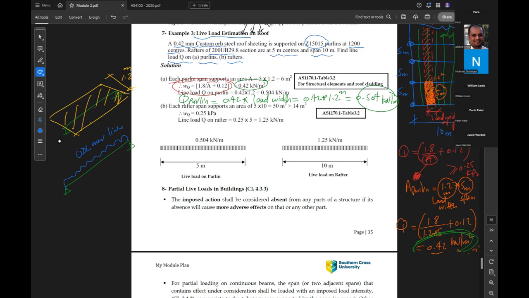We need to multiply the UDL times the load width. So the UDL was 0.42 kilonewton per square meter times load width, which is 1.2 meter. So we concentrate this yellow area to this blue line. Is that correct, or is this logic?